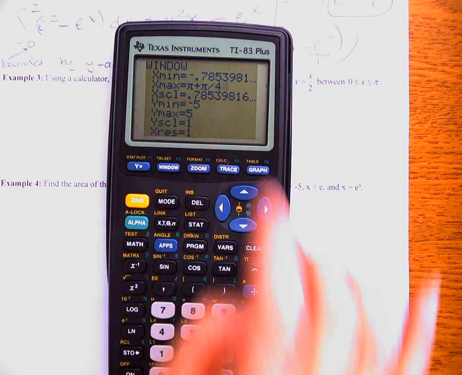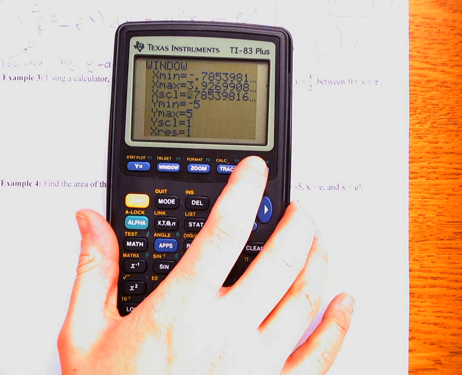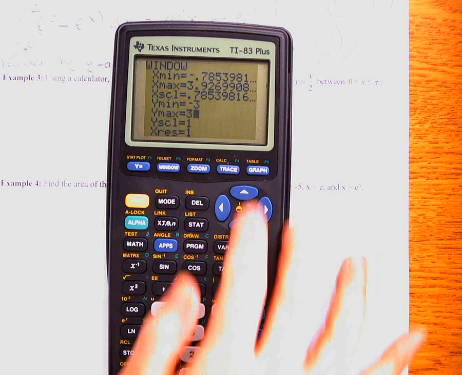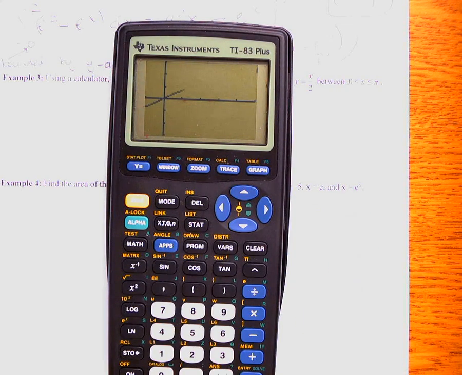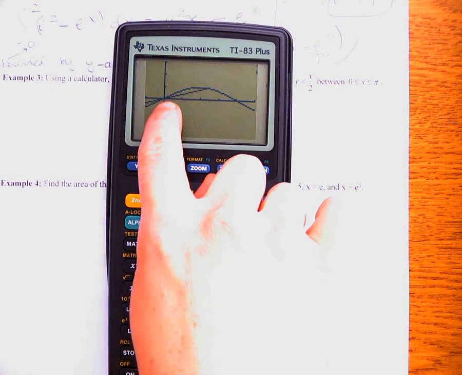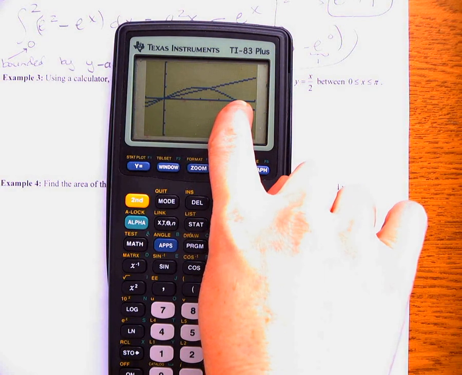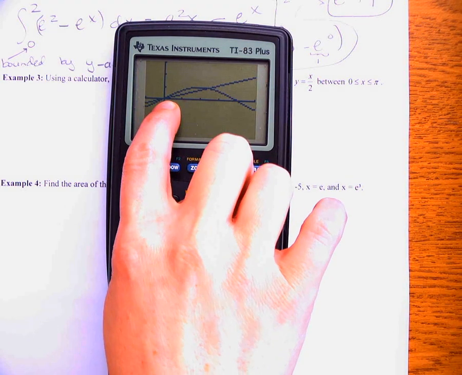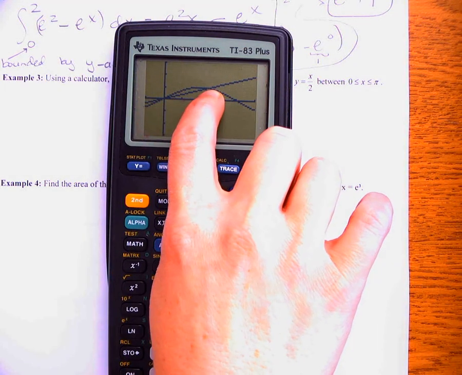I'm going to do pi plus pi over 4. Okay, so we're opening that up, and then let's shrink the y down a little bit. Maybe we'll go -3 to 3. But we're only looking between 0 and pi, which would be from here to here. Okay, so there's 2 points of intersection right there. One of them is obviously at 0, 0, and then we're going to find the other one right here.